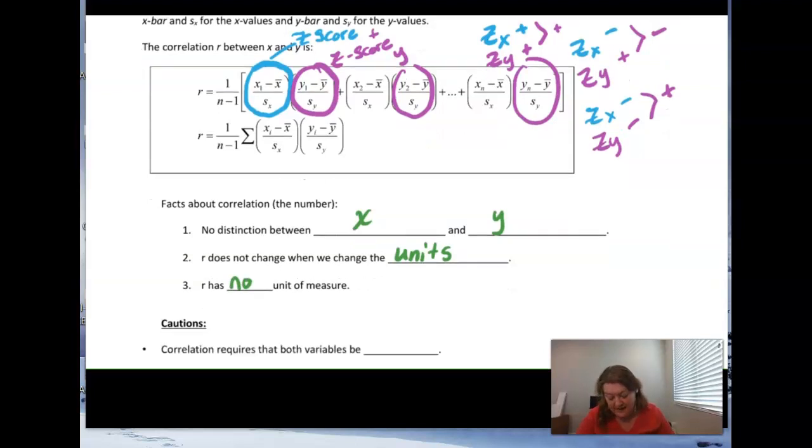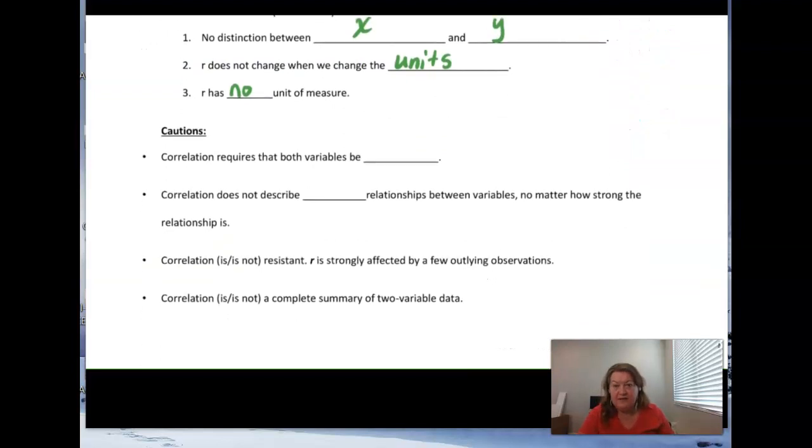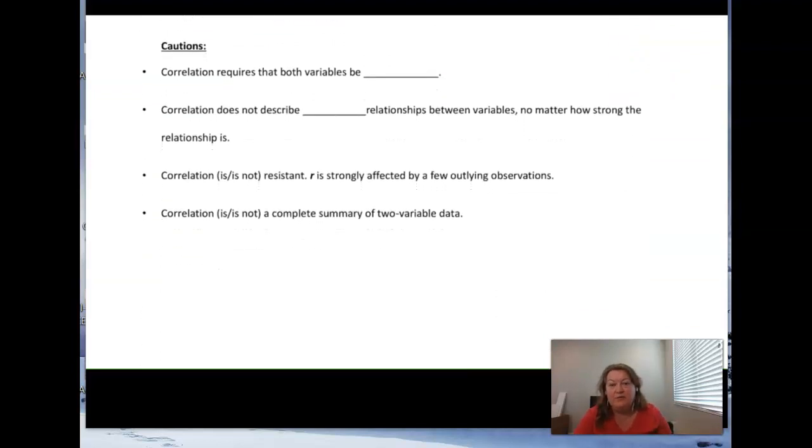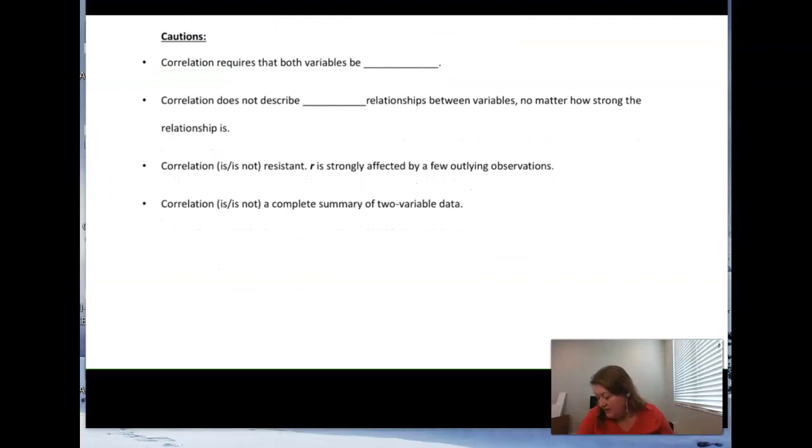All right. And then a few things to be careful of when you're calculating correlation. Remember that in order for you to calculate correlation, both variables have to be numbers themselves. Okay, so that means that they have to be quantitative as well.